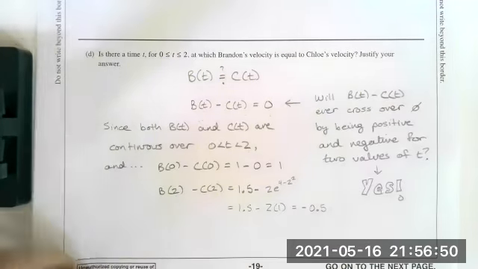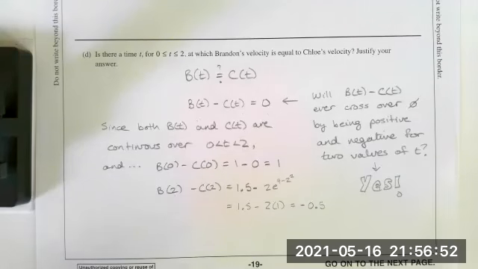B of t and C of t must be equal to one another at some point between 0 and 2 because their difference expression changes from being positive to negative at 2 unique moments in time.